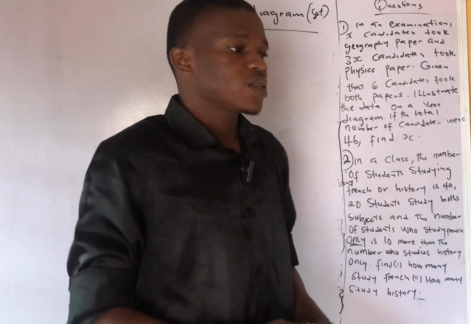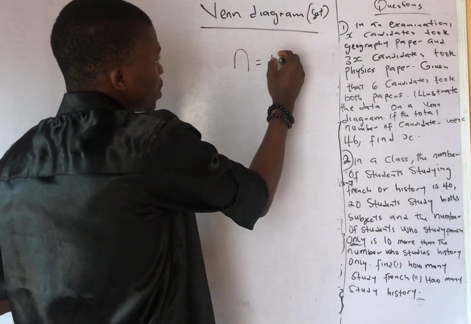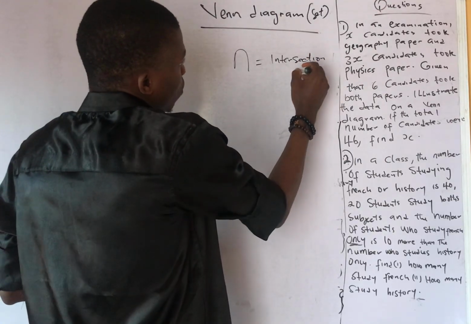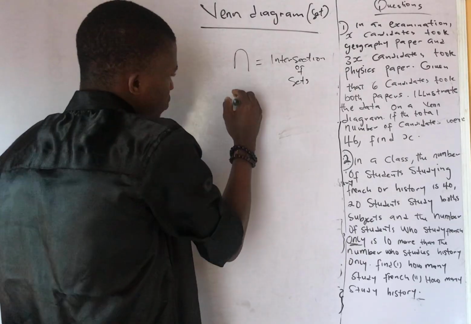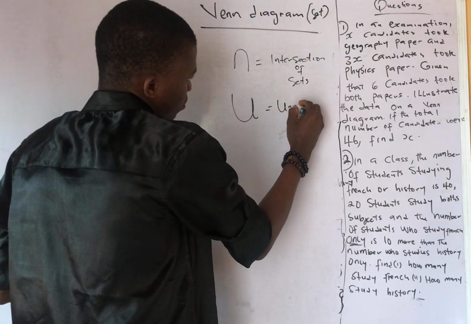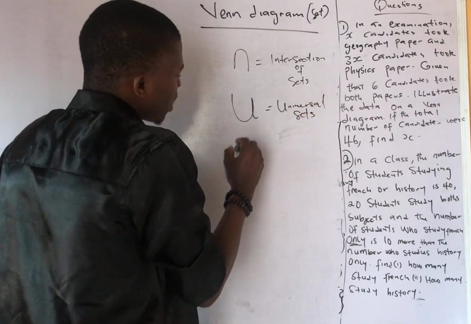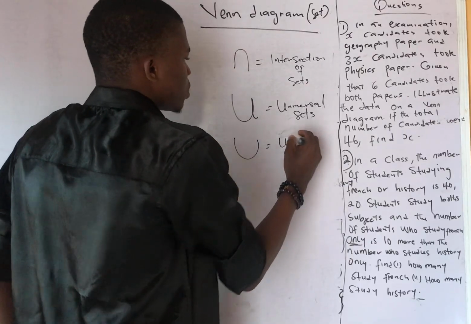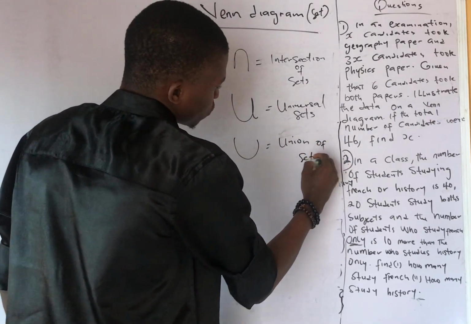Before we move on, I will just explain some key things under Venn diagram. What are those key things? First of all, we have something like this. If we have something like this, that's the intersection of sets.